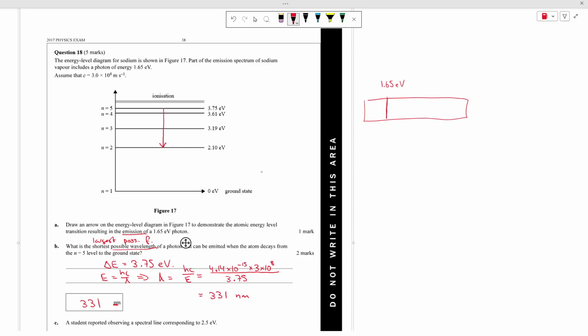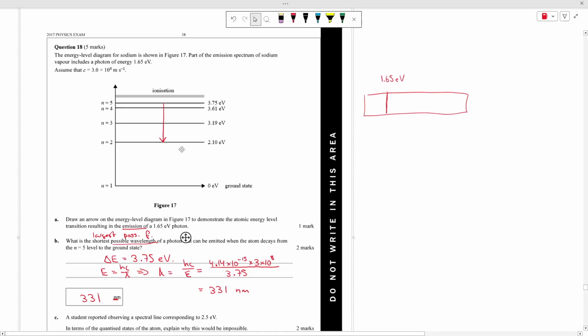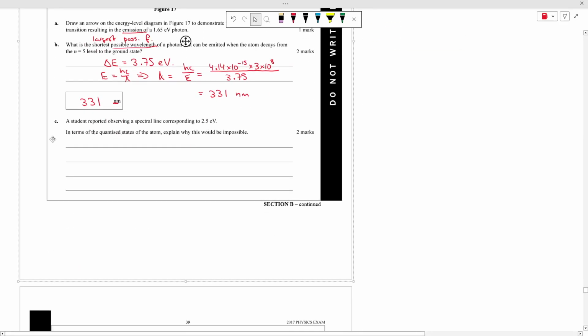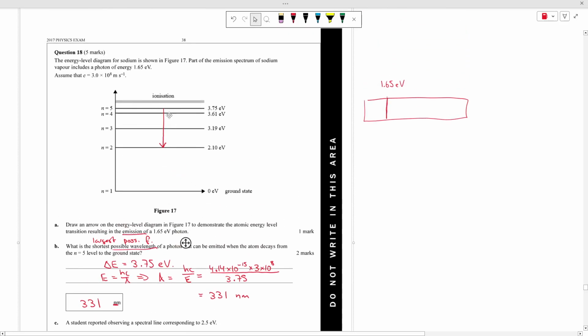You can go through and check all of them. Every pair of energy levels, none of them has a difference of 2.5. So you can just say there is no transition between the energy states of the atom that has an energy level change of 2.5.